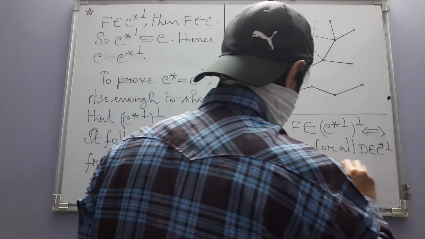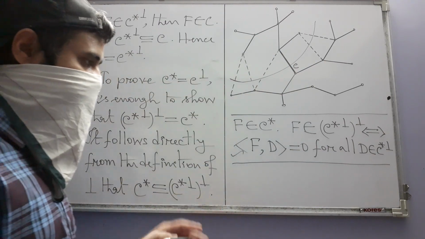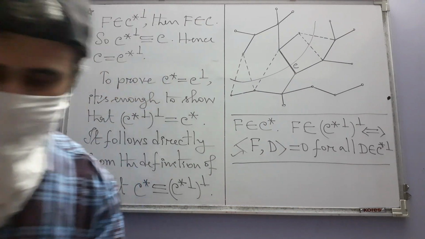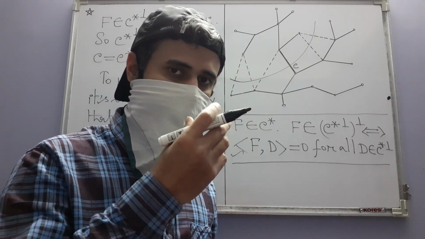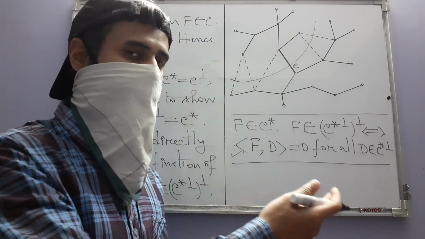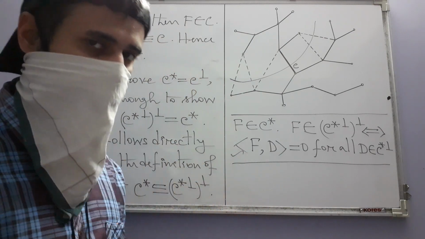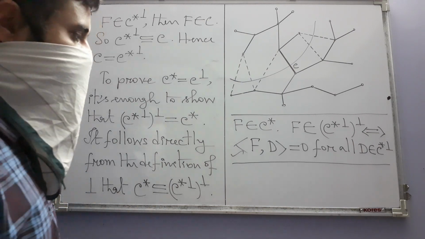Now we go for the reverse inclusion, but this is where that dimension formula comes into play, which is that if you add the dimension of a subspace of the H space and its orthogonal complement, then you get the dimension of the H space itself, which is m, the number of edges in the graph.